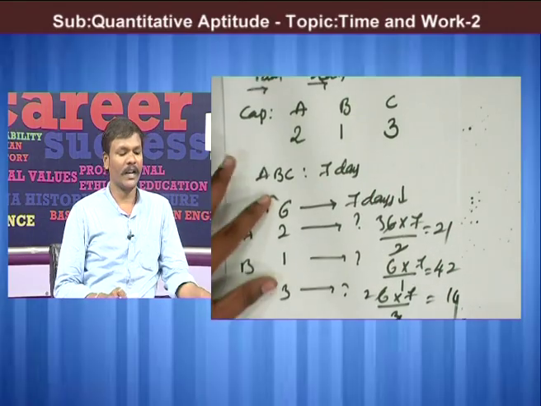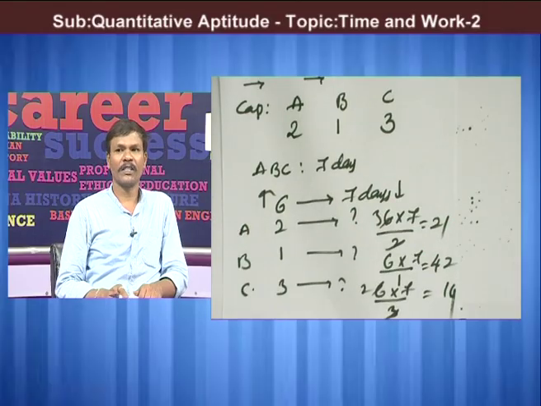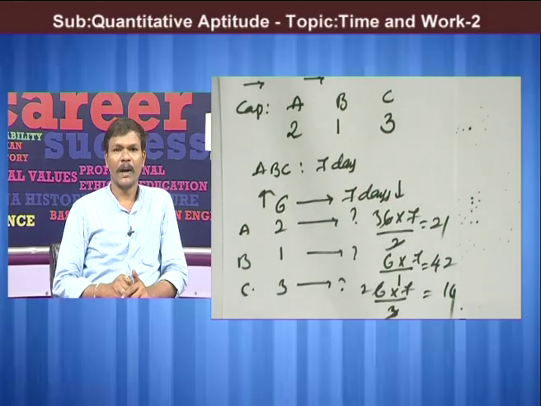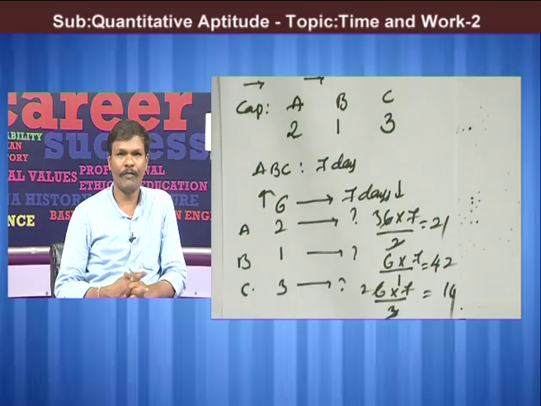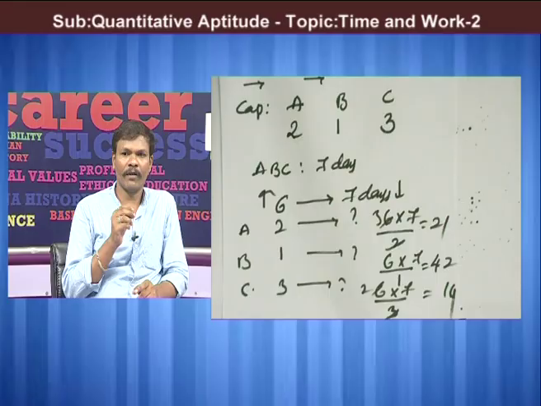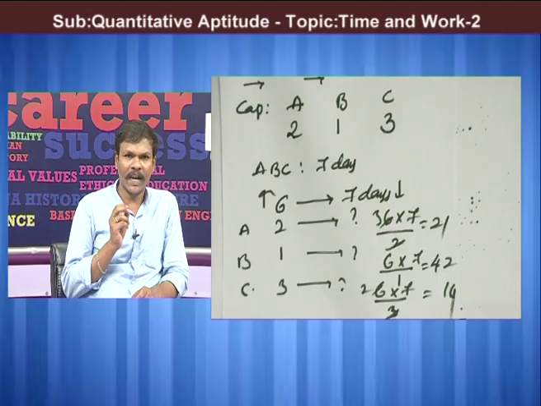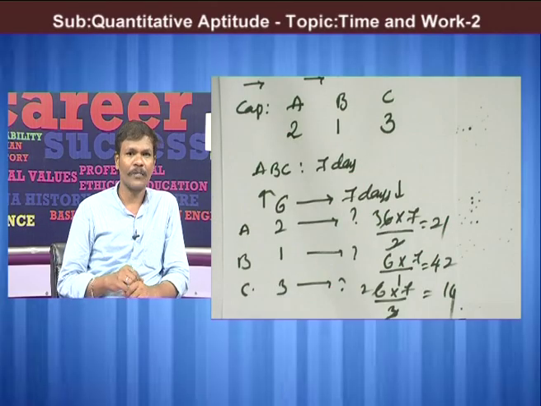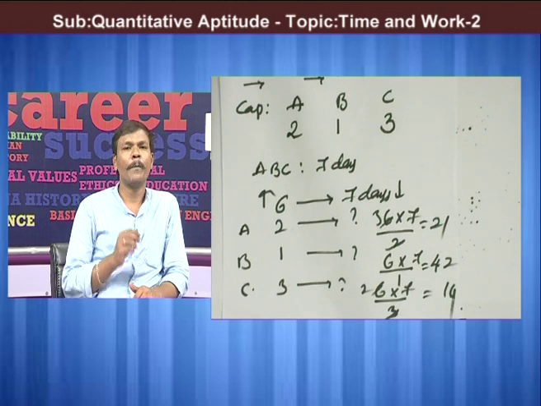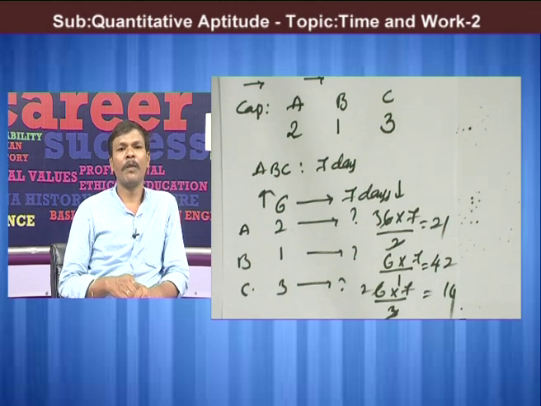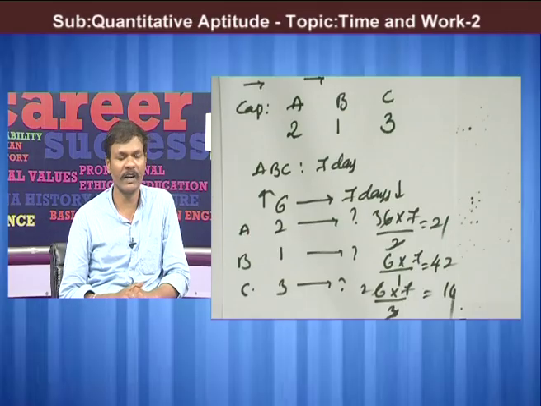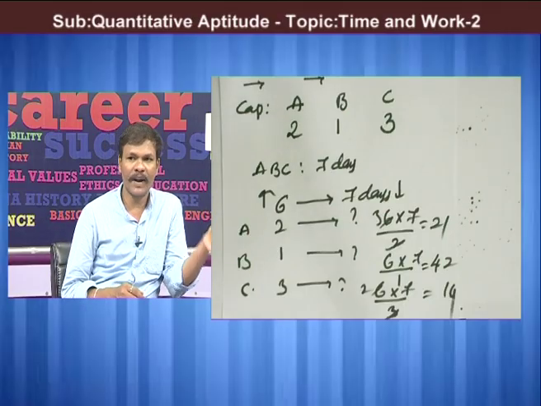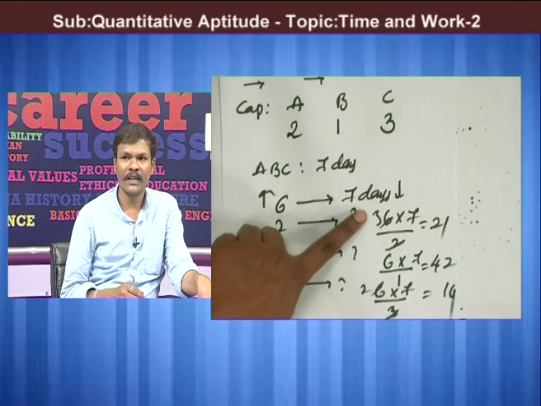Is it clear? Already we discussed the capacities. When it says A takes half as long to do a piece of work, that means A takes half of the time. When he takes half of the time, his capacity is double that of B. So A capacity is 2, B capacity is 1, C capacity is A and B together, that is 3. All together working 7 days means 6 capacities are working for 7 days.